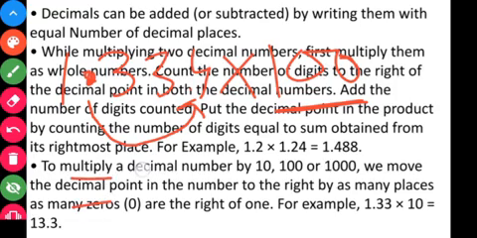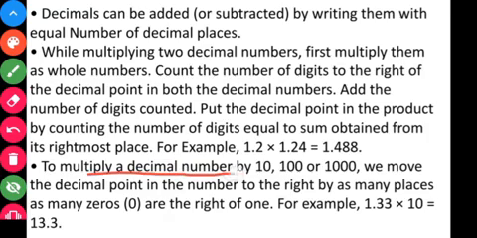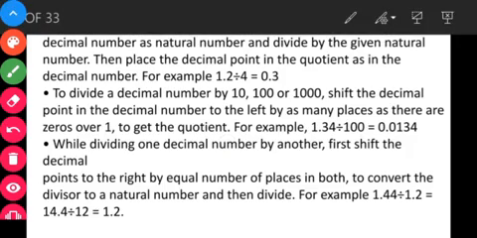So this will be 133.4. Understand? That means to multiply a decimal number by 10, 100, 1000, we move the decimal point in the number to the right by as many places as there are zeros right of 1. Understand? Clear?